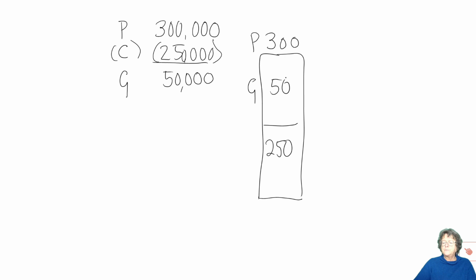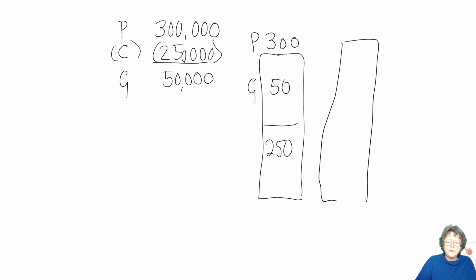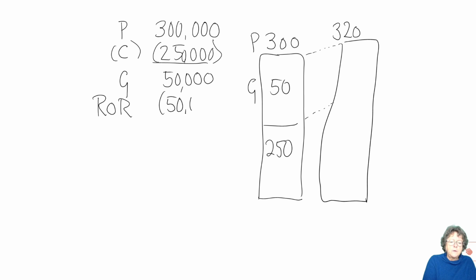Now that proceeds has to be reinvested, and it was reinvested in a property for 320,000. So that gain is then rolled over into that, and we don't pay tax. We claim rollover relief in full, and he does not pay tax.